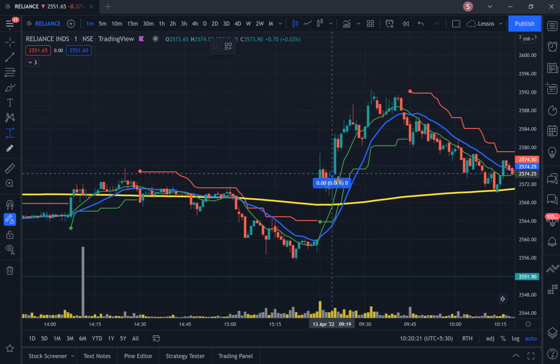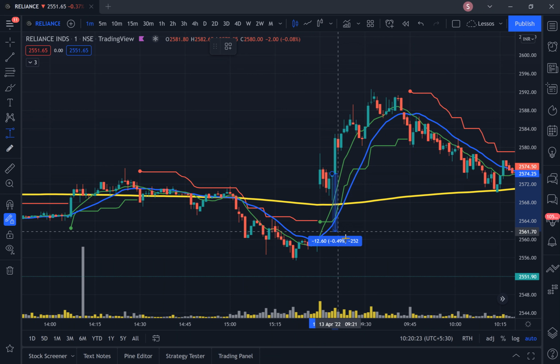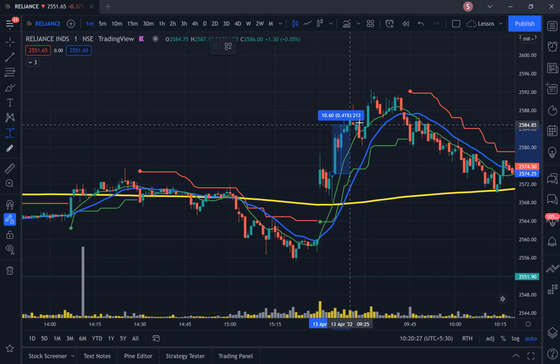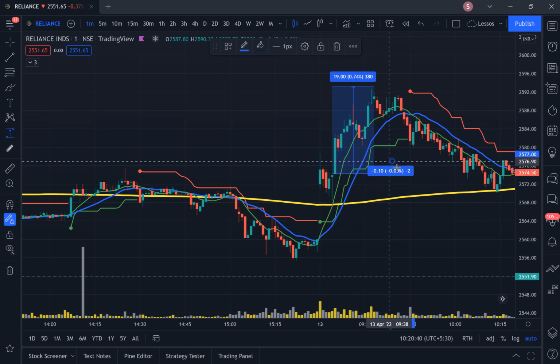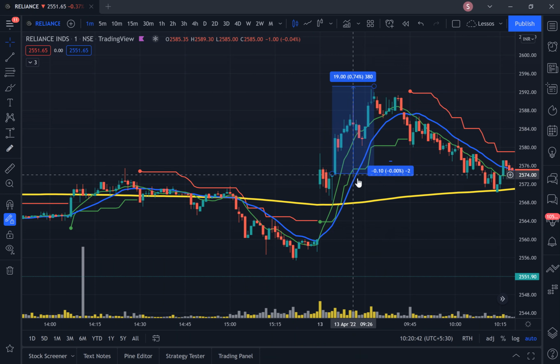If you are entering here, so that will be 12 rupees in case of percentage. So if you take 1:1.5, 18 rupees you're getting here. You see, you're getting 18 and 19 rupees. So 1:1.5 is a better situation than 1:1.2. So even if it's 1:1.1, that's no problem at all.